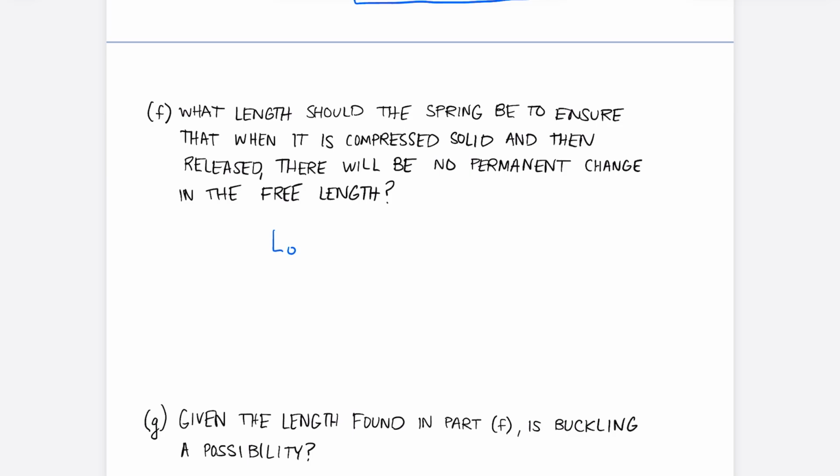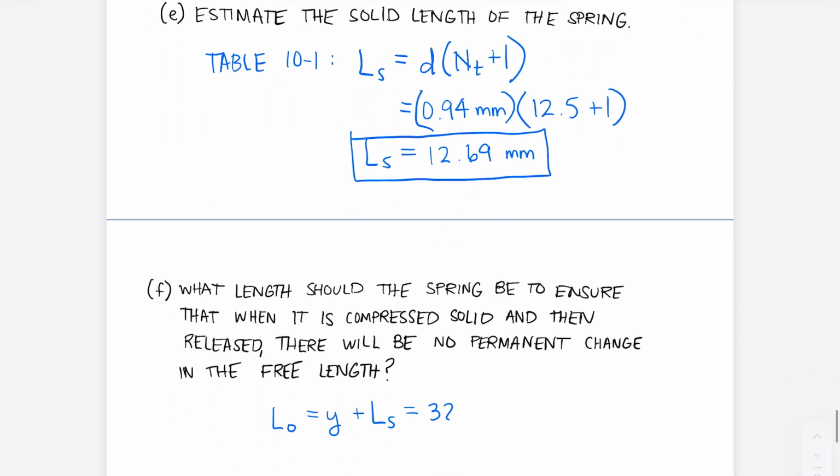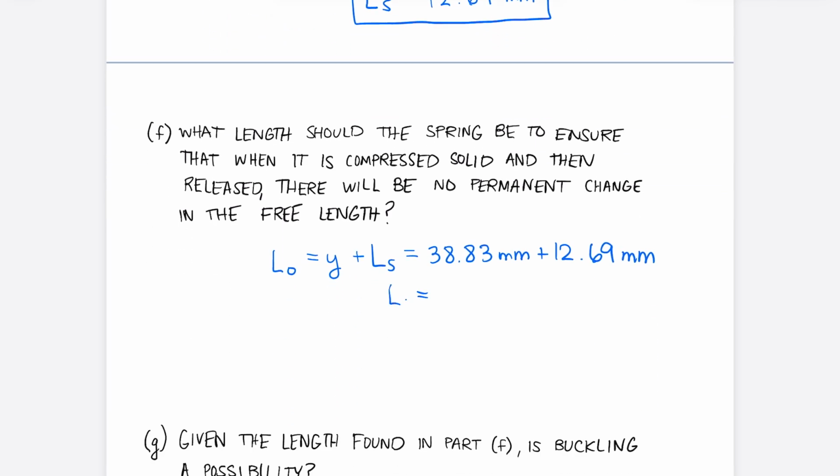So our free length should be equal to deflection plus the solid length, which was 38.83 plus 12.69 millimeters. Okay, so our free length, 38.83 plus 12.69, is 51.52 millimeters.